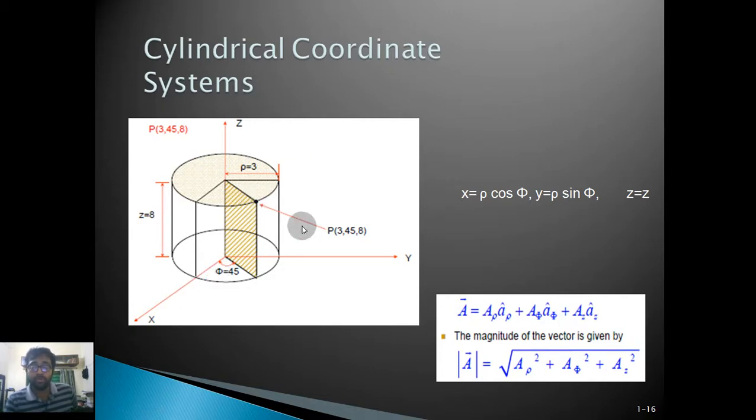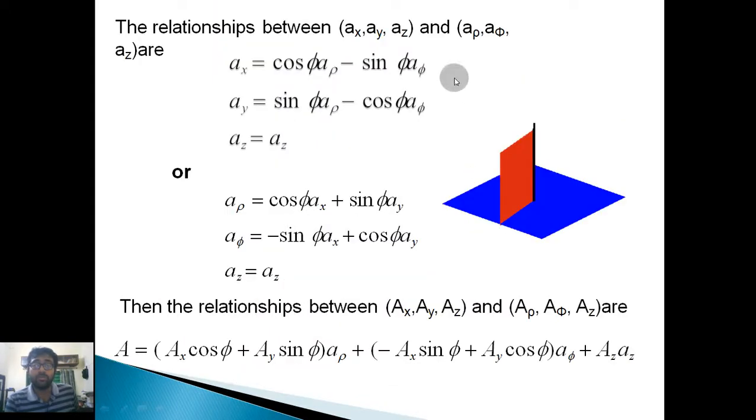That's why we have described the value cos phi a suffix rho, which is along the x-axis, and also sin phi a suffix phi, which is in the same space as the x-axis but in the opposite direction.